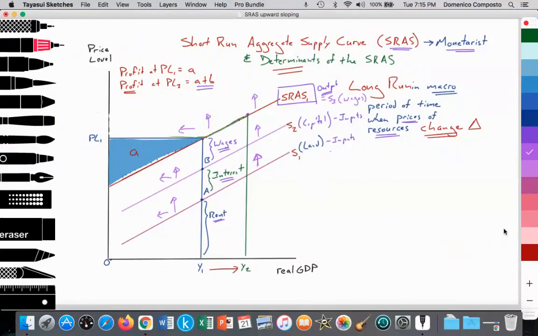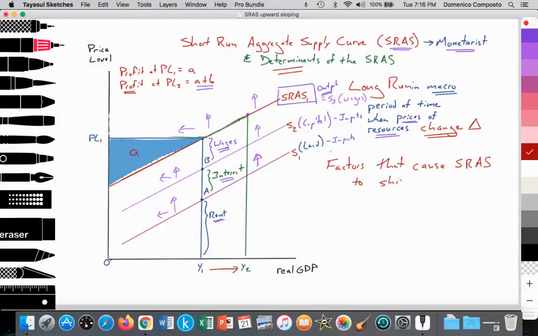So the factors that cause the short-run aggregate supply curve to shift. And that would include, number one, changes in wages, which is derived from firms employing labor as a cost of production.